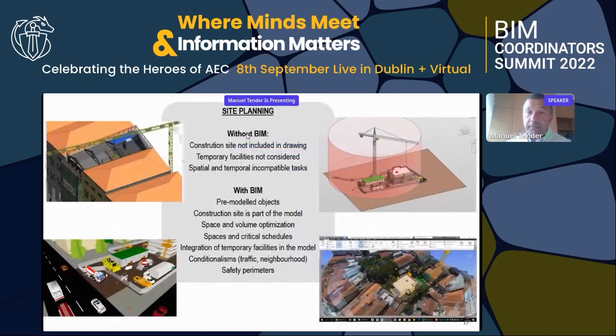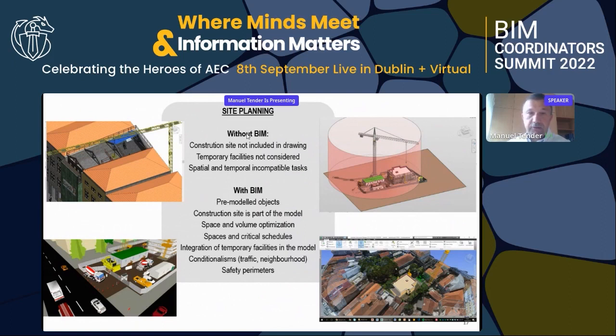About site planning, the construction site is usually not included in the drawings. Temporary facilities are not usually considered, and there are some spatial and temporal incompatible tasks. When I use BIM, I get some pre-modeled objects.